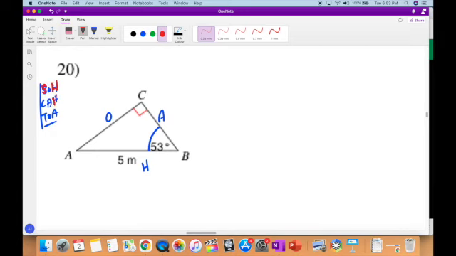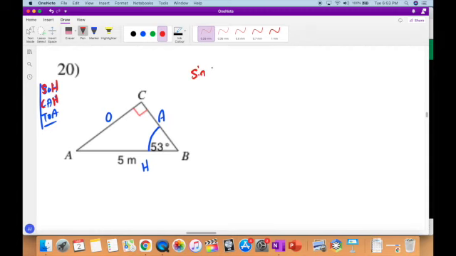Oh no, cos has the hypotenuse as well, right? So I could use the sine to find the opposite, and I could use the cos to find the adjacent. You understand up to here, Shazay? Yes, sir.